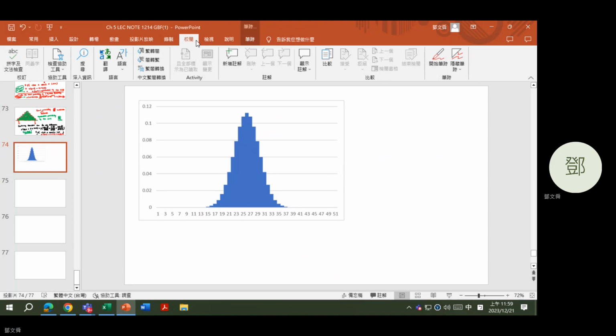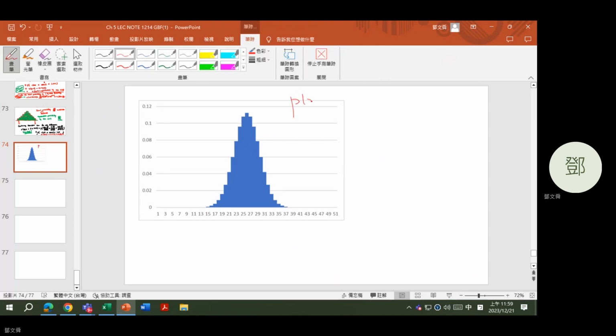Plot of binomial 50, 1/2 distribution, which looks so much like the normal distribution.